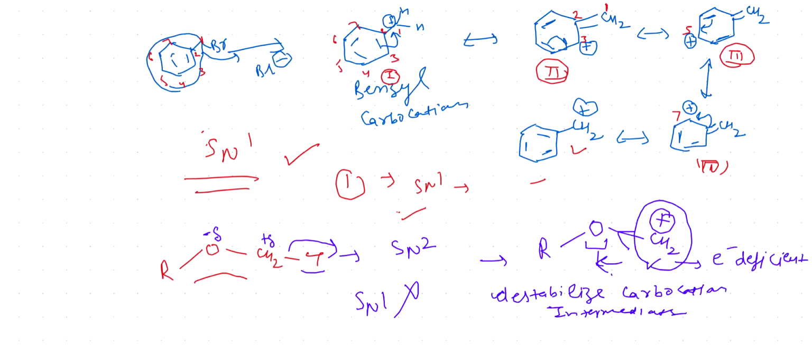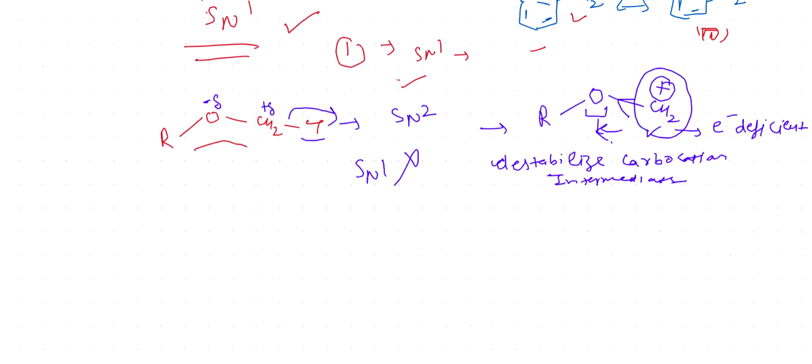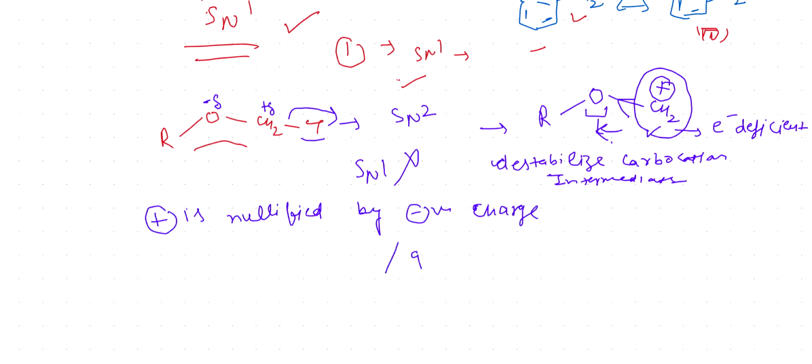Always, which intermediate is considered stable? The intermediate in which the positive charge is nullified by a negative charge, or by groups which donate electrons to the carbon which requires it. So a carbocation which can be nullified by negative charge is more stable.